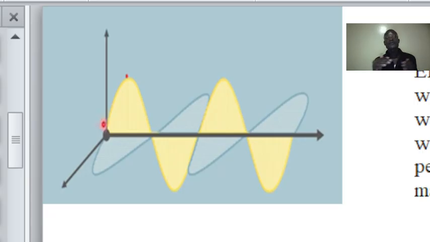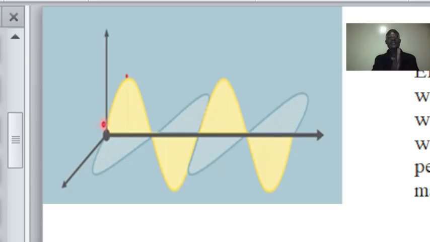Now, what makes them propagate is that self-propagation, because as an electric field moves, it induces what? It induces the magnetic field. And when that magnetic field also has moved, it will also induce another electric field.